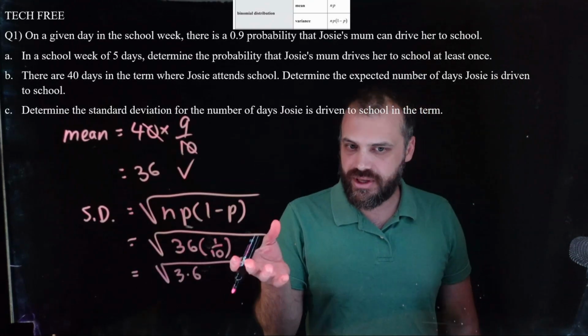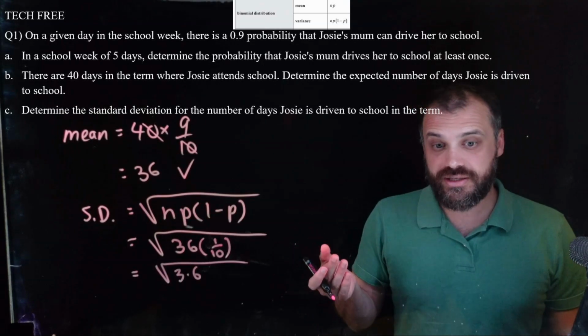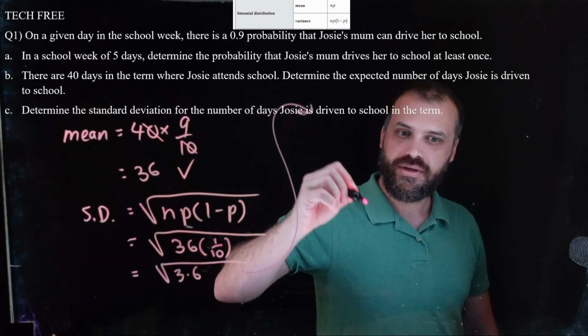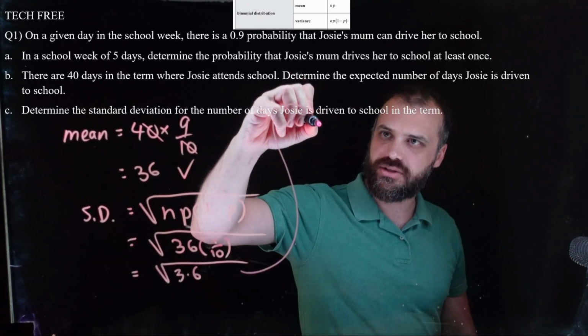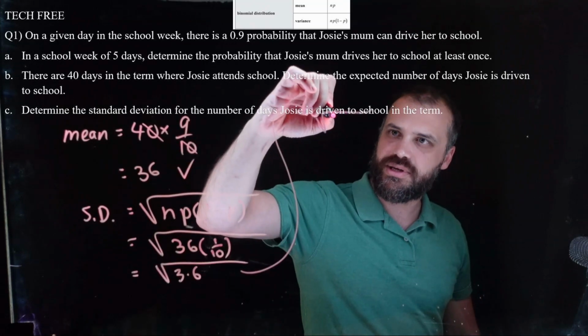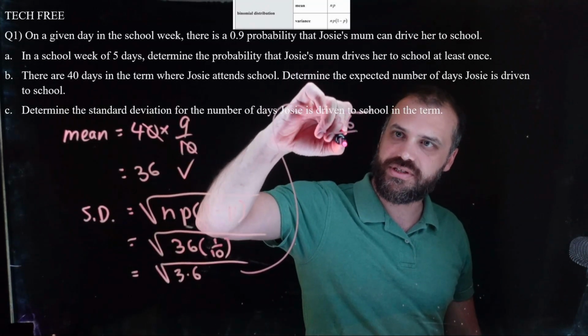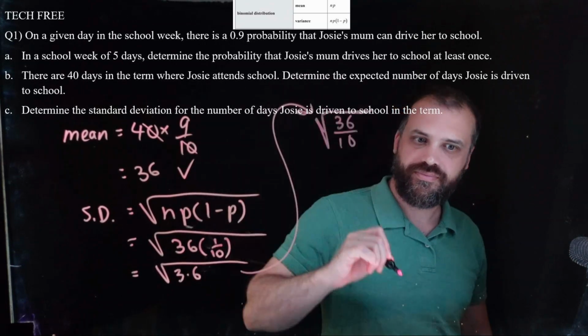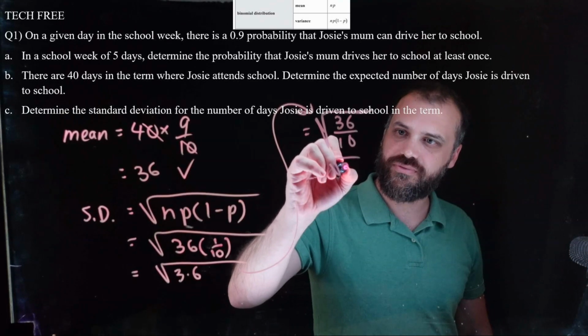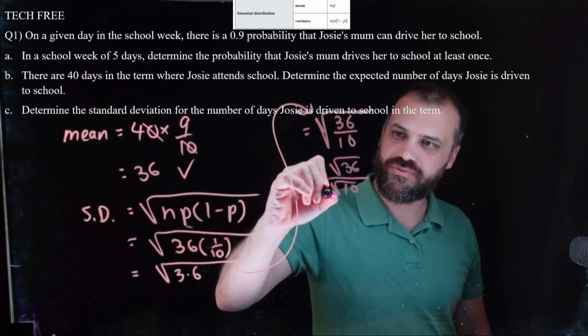Now, there are other answers that a person could give here. An alternative answer might be something like the square root. Now, 3.6 is the same as 36 over 10. And that's equal to the square root of 36 over the square root of 10.